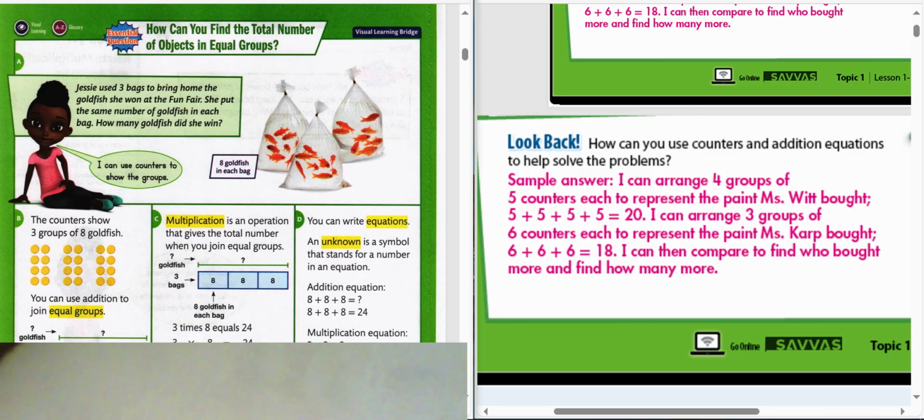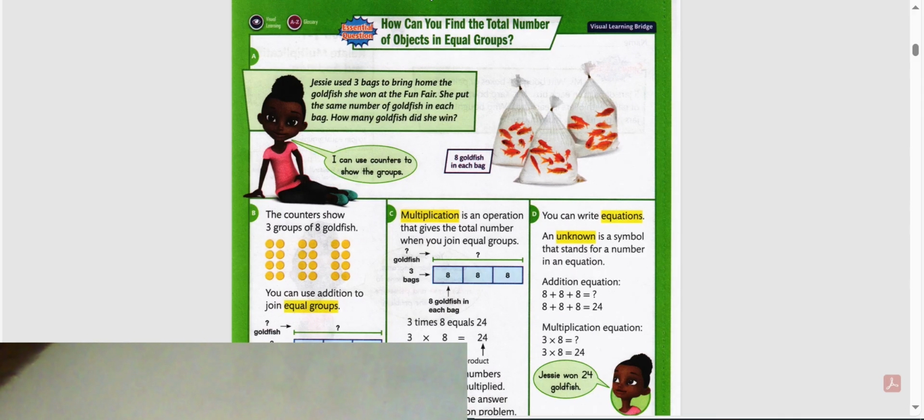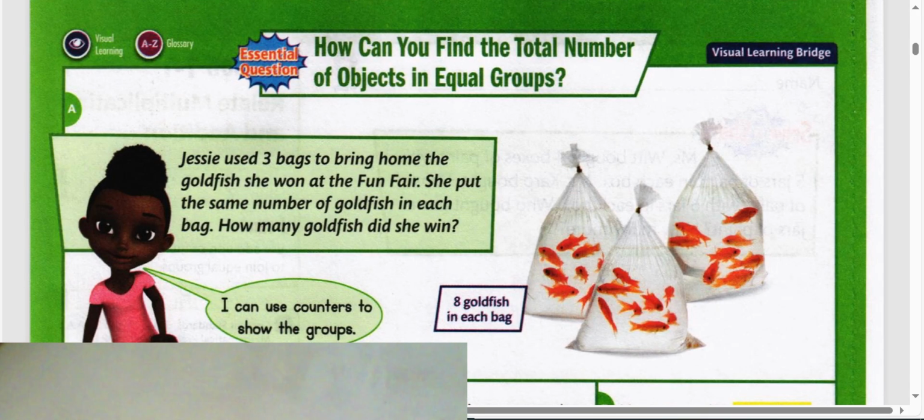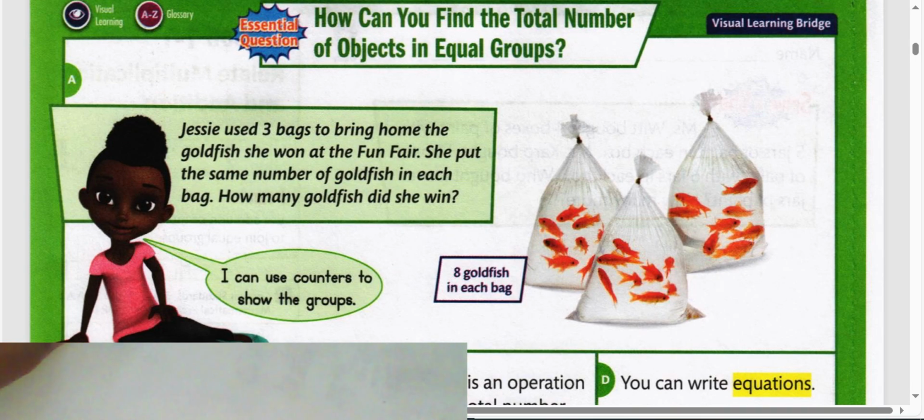Look with me at this question. How can you find the total number of objects in equal groups? She used 3 bags to bring home the goldfish she won at the fair. She put the same number of goldfish in each bag. How many goldfish did she win? She says I can use containers to show groups.